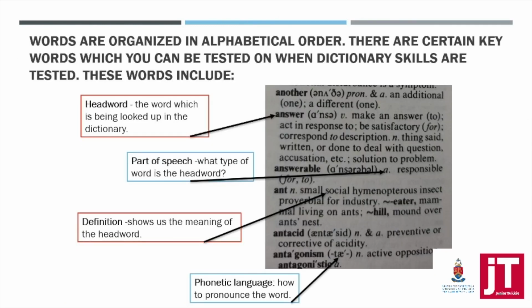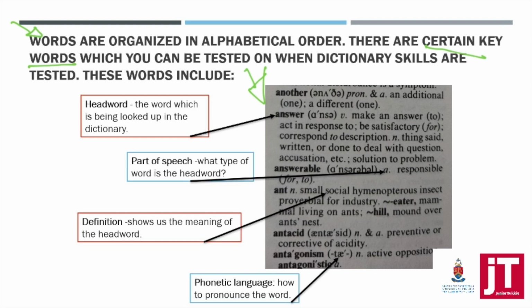Okay guys, so when we are getting tested for our dictionary skills, they will give us an extract like so. Okay, and you need to just understand that words are organized in alphabetical order in the dictionary, and that there are certain key words that we need to look for.